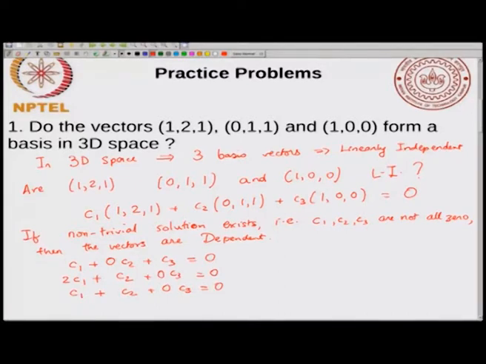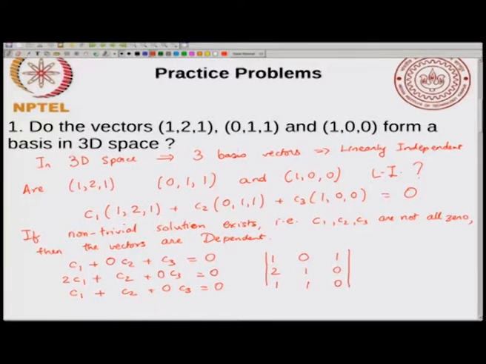You might know this, but you can easily show that you evaluate this determinant: you look at the coefficients and put them in the form of a determinant, 1 0 1, 2 1 0, 1 1 0, and you calculate this determinant. It is not hard to show.